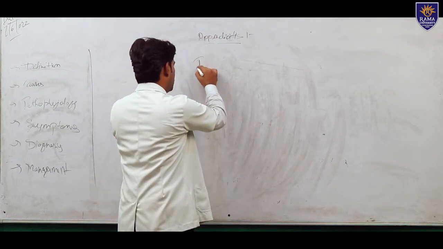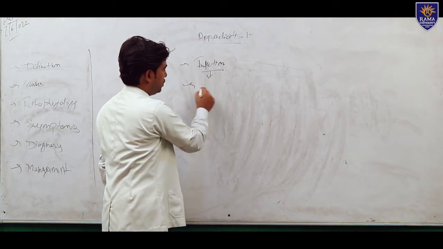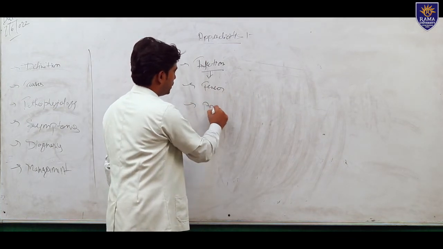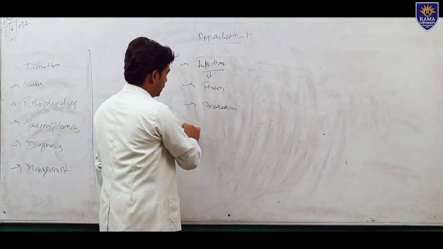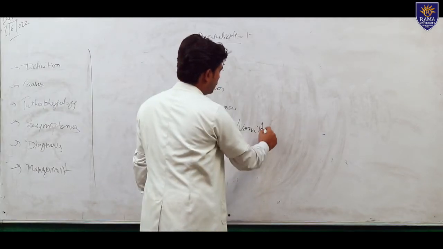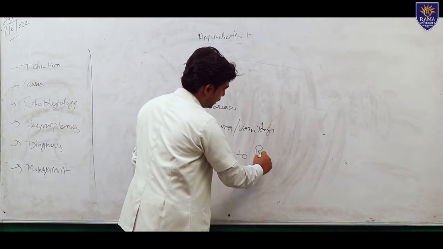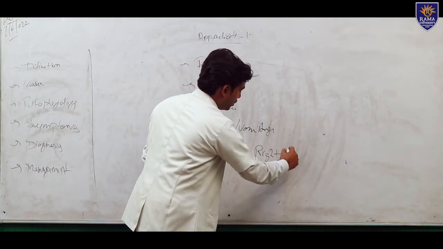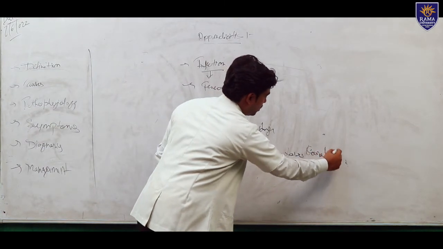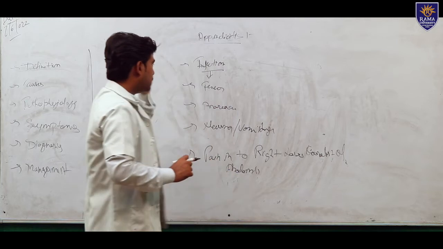First is infection; due to infection, fever, then anorexia, next nausea, vomiting, next is pain in the right lower quadrant of the abdomen. These are the symptoms.